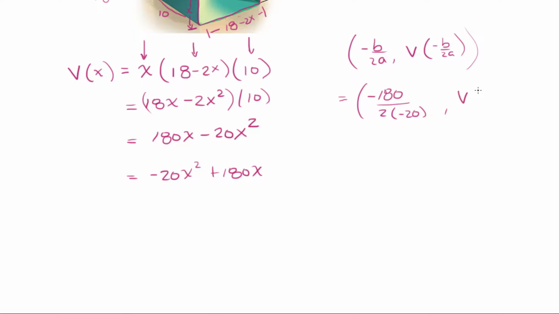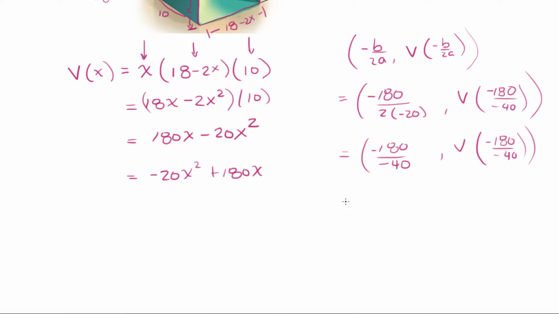And then we have to inject that into the function. So negative 180 over negative 40 can be simplified. A negative divided by a negative is positive. 18 divided by 4 can be simplified to 9 over 2, and then v of 9 over 2.